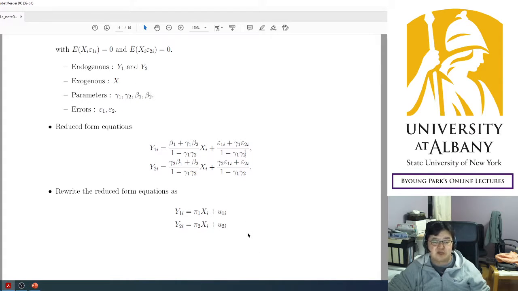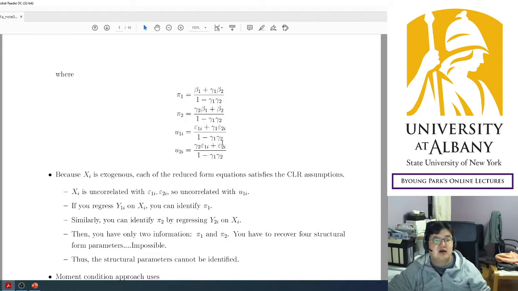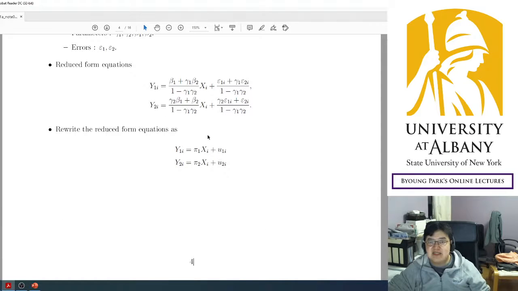And our approach here is what I defined here. From the reduced form equations, it is clear that you can identify pi1 because you can regress y1 on x. X is exogenous, so x is uncorrelated with u1, which is easy to show.